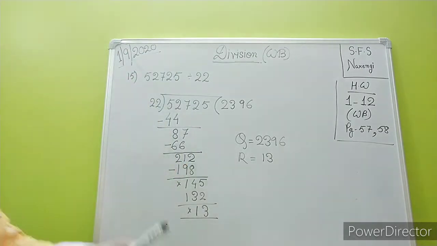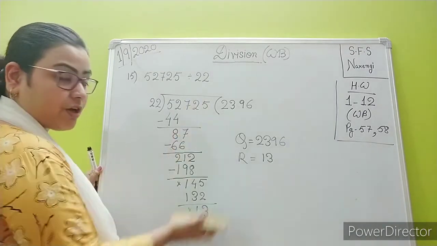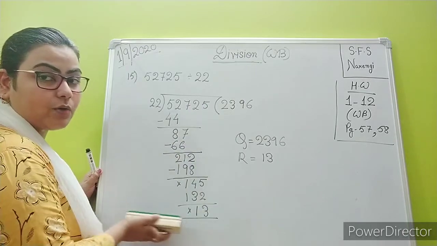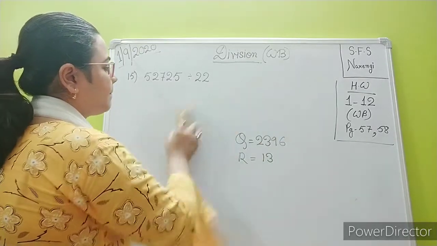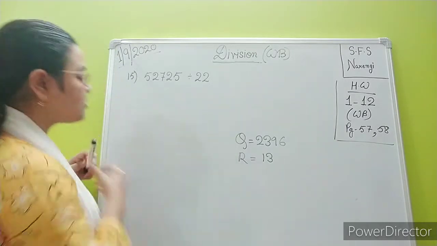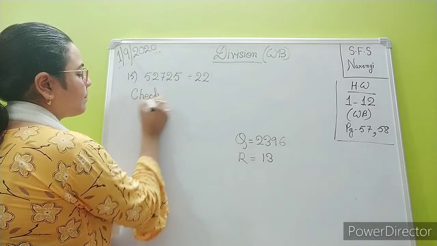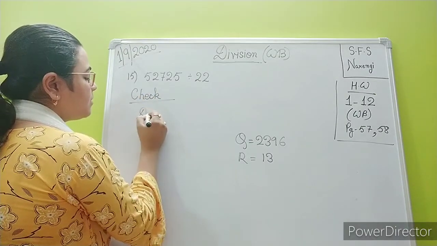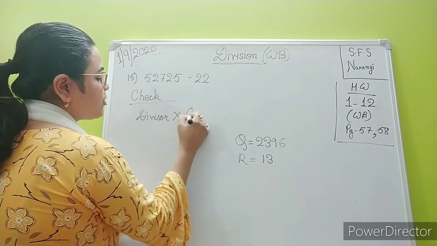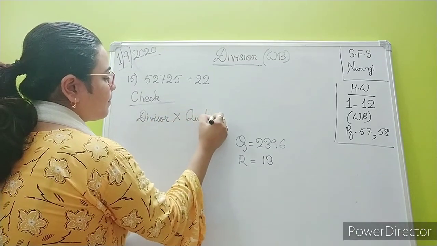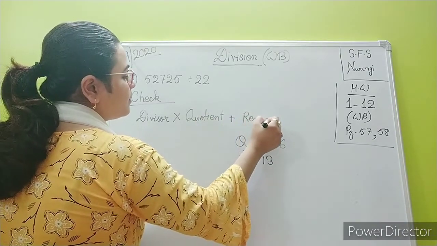So, let's check. After you have written this, you will write down Check. So what is the formula for checking if our division is correct? Divisor into quotient plus remainder.